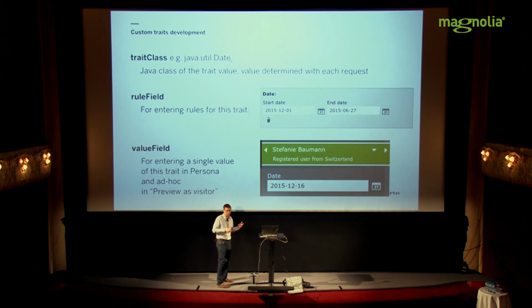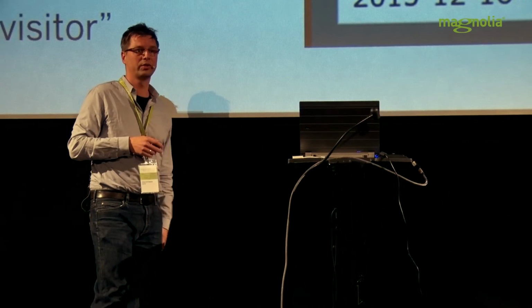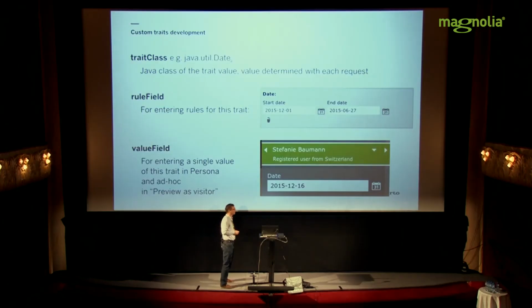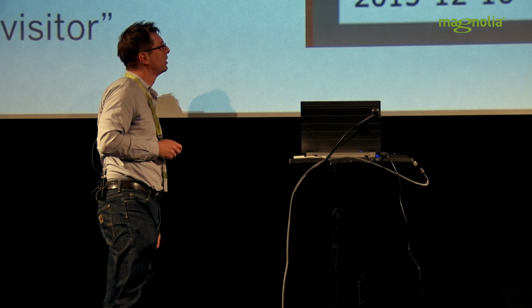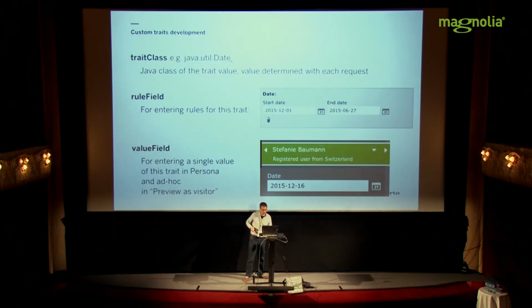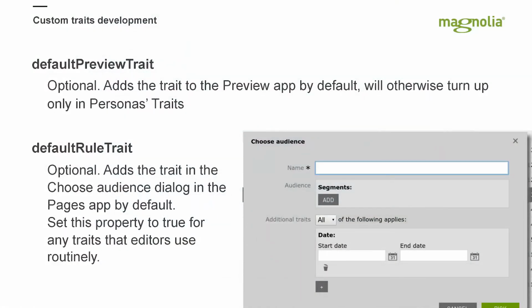And that's custom programming to define what is allowed here. You could make it 3 input fields or 4 or whatever you want. And you've got the value field, that defines how you can input a sample value in the Persona app when you want to preview your personalization.